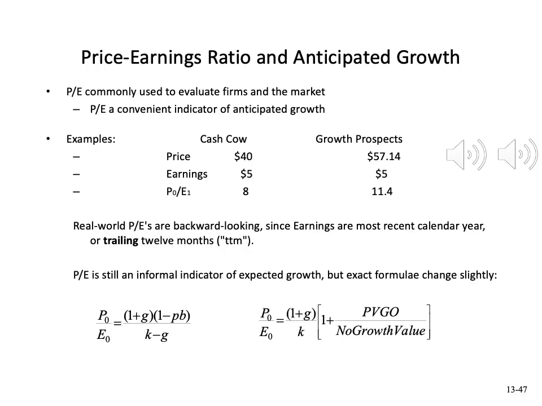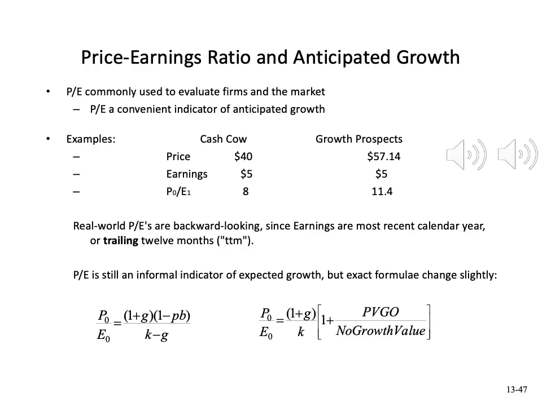In the formula, the P/E ratio is calculated as the forward P/E ratio, or forward-looking, because we are using the forward estimated earnings, E1, the next period earnings. But in the real world, the P/E ratios are backward looking.